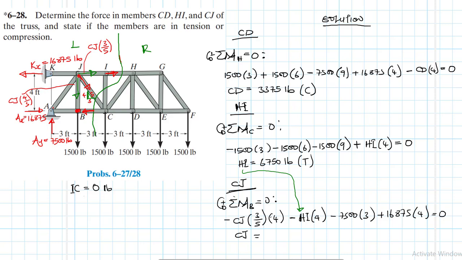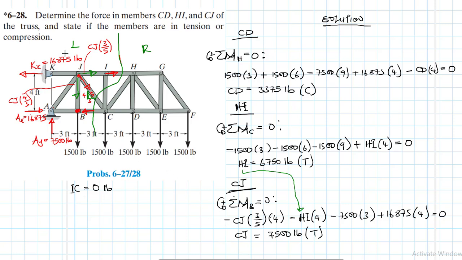We have that, and then we'll just divide this by 3/5 and a 4 there. So what we find is 7,500 pounds, and we had assumed this CJ to be in tension, and it has come out to be that way. Great.